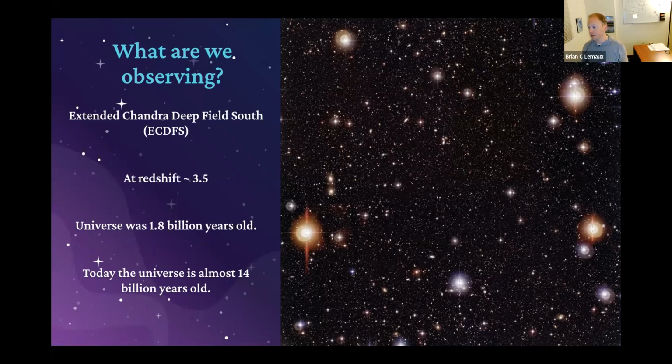This can cause a great amount of feedback for the galaxy, meaning a lot of very energetic radiation that can destroy gas, dissociate gas, and stop star formation. And so as these galaxies coalesce into these structures and interact, they can go from being very highly star forming to not forming very many stars at all.